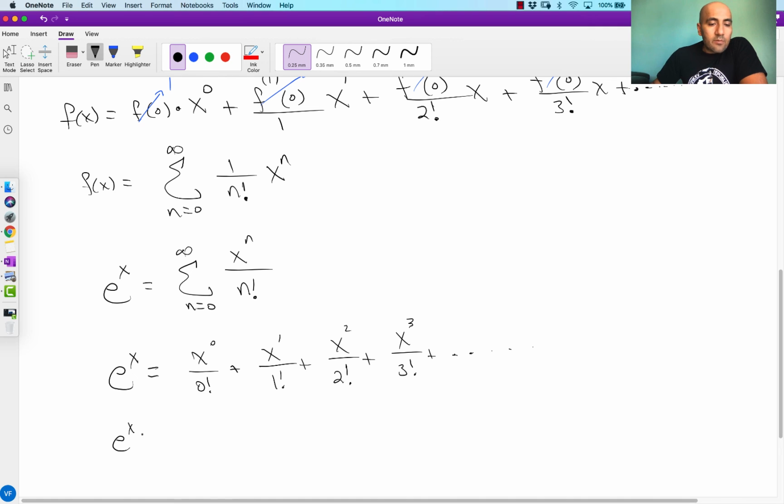Or again, we can simplify that a little bit more and say that this is just going to be a 1 plus, well, that's just going to be an x, plus x squared over 2 factorial, plus x cubed over 3 factorial, and then we can see the pattern after that.